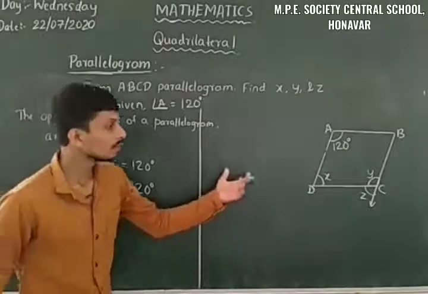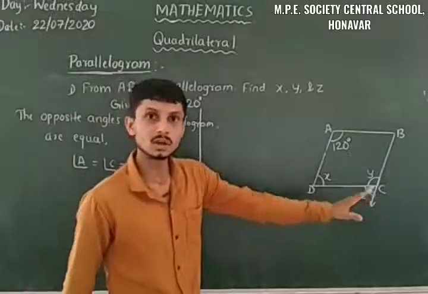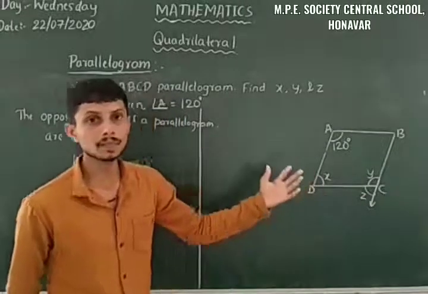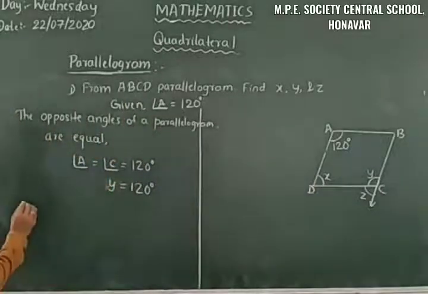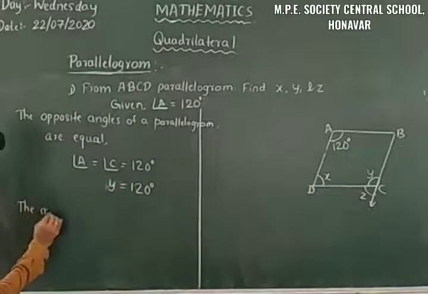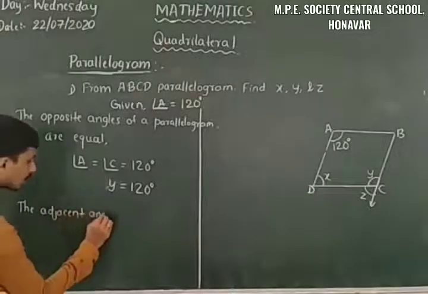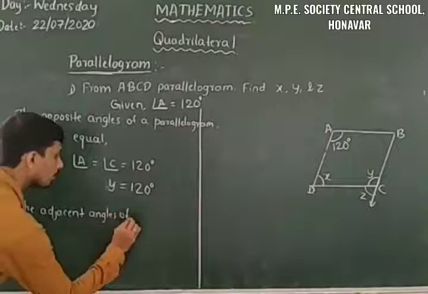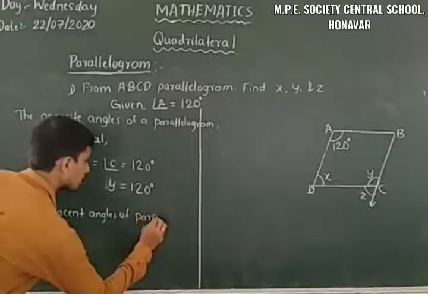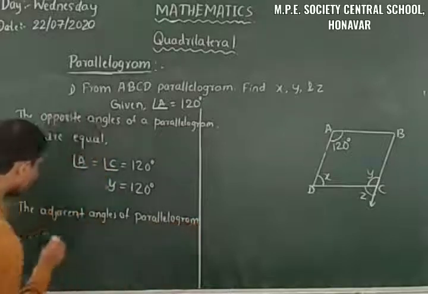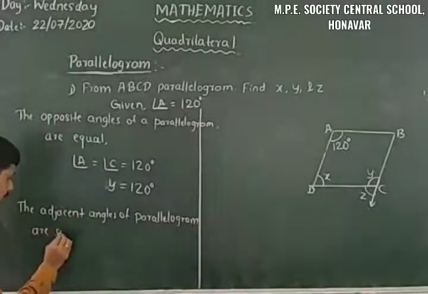Then we have to find the value of x. How can we find the value of x here? With the help of property number 3, that means the adjacent angles of a parallelogram are supplementary.